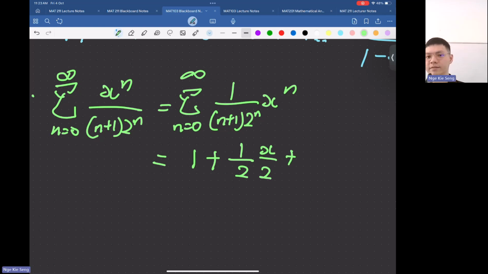How about the next one? 1 over 3 times x squared over 2 to the power 2. And then so on.